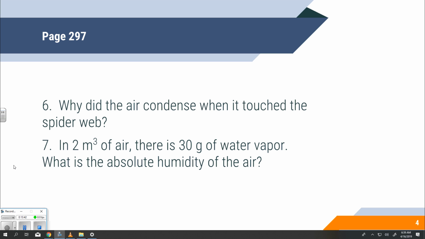Again, the web was cooler than the dew point, lowering the air temperature below the dew point.